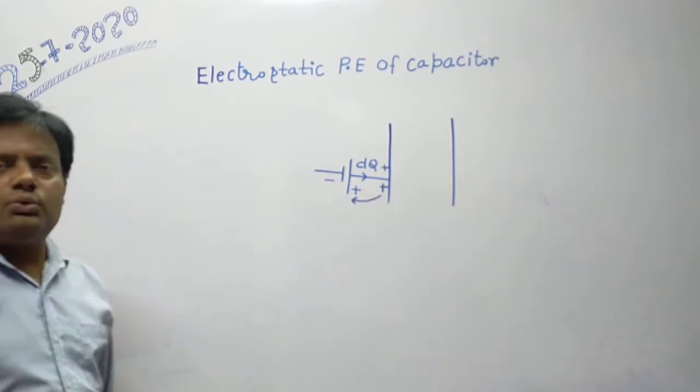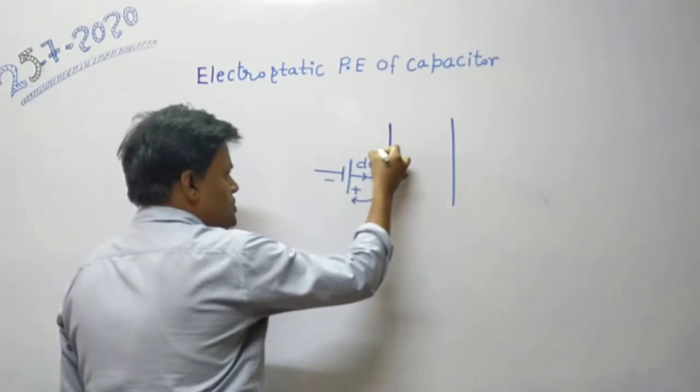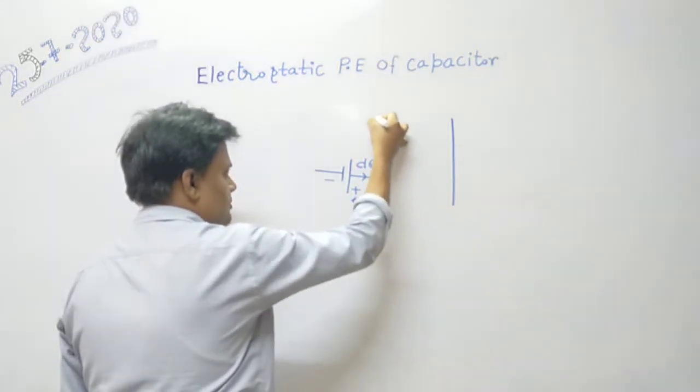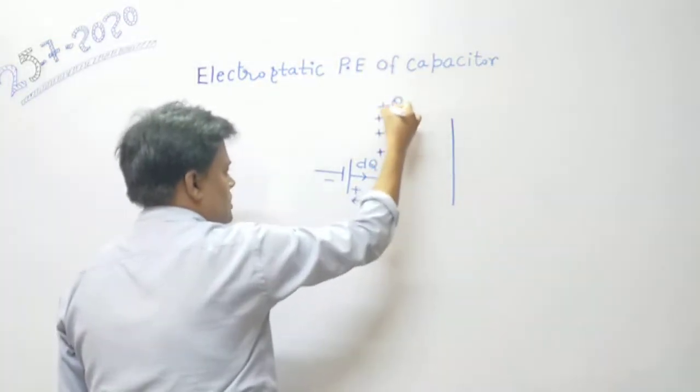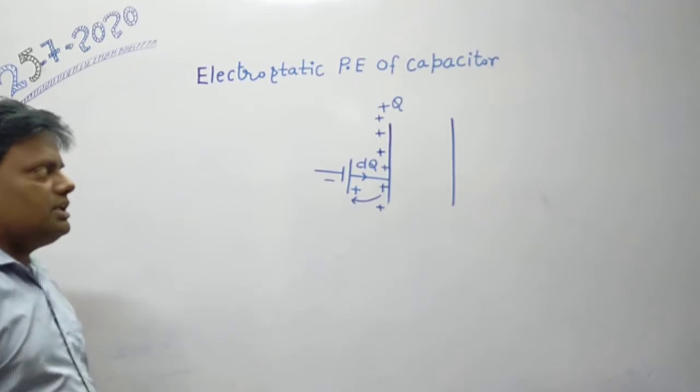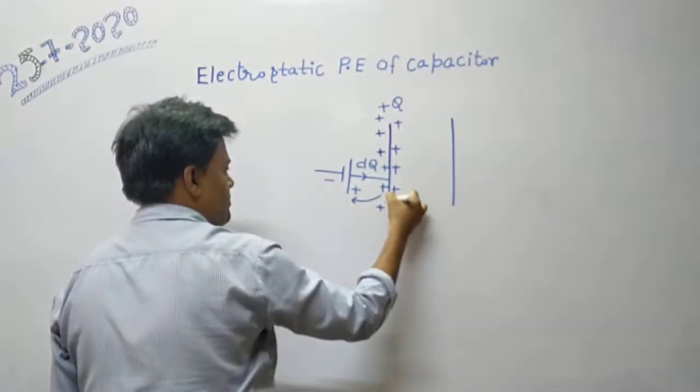So you have to do work for providing the complete charge on this plate. Now this plate is completely or fully charged with the charge value plus Q.